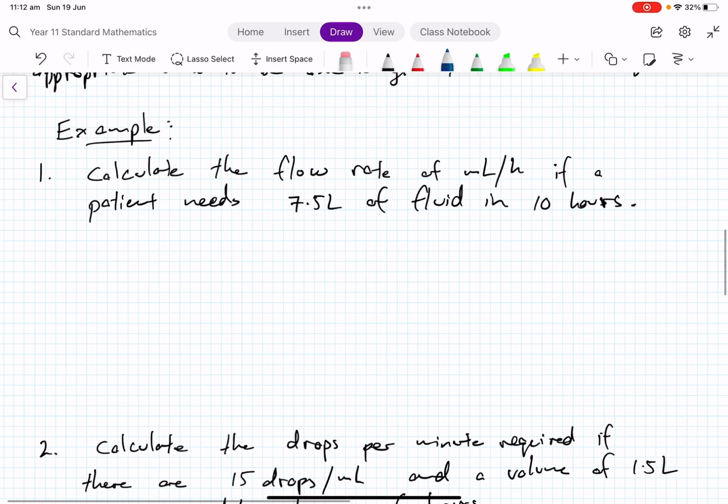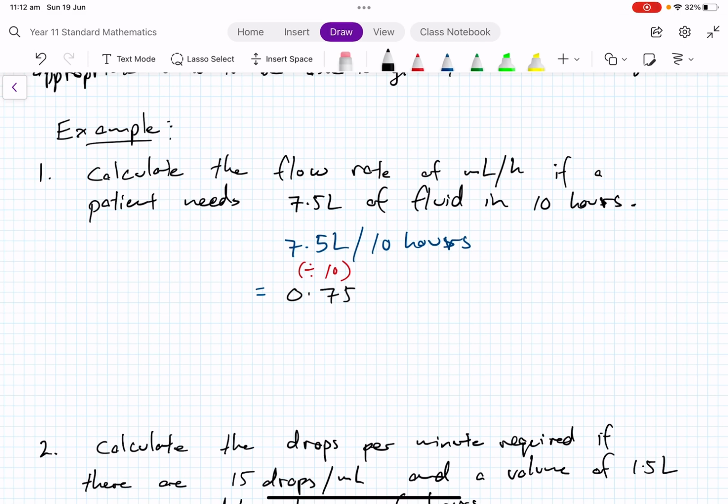So the way we do this, I'm going to do the answers in blue. 7.5 litres per 10 hours. Now, if we get 7.5 litres in 10 hours, then I need to divide by 10 for 1 hour. So what we get is 0.75 litres per hour.